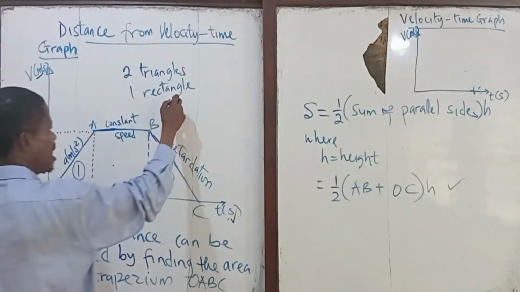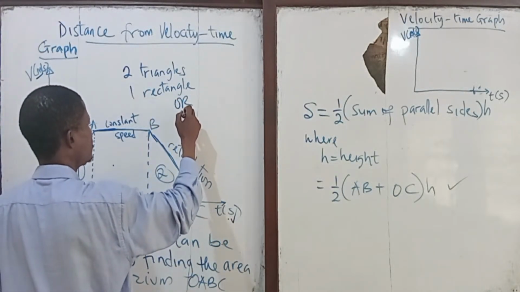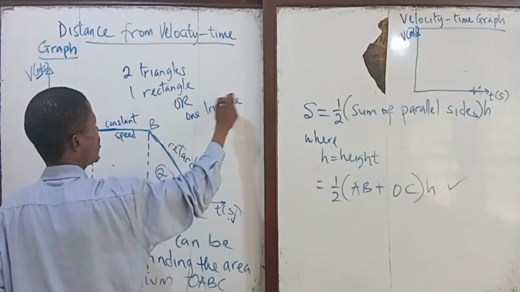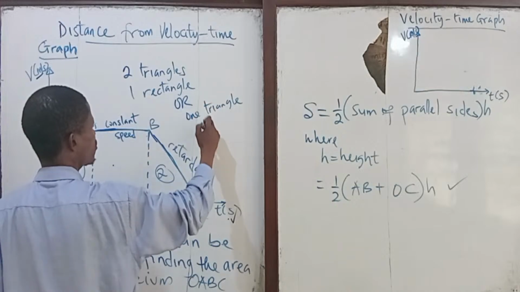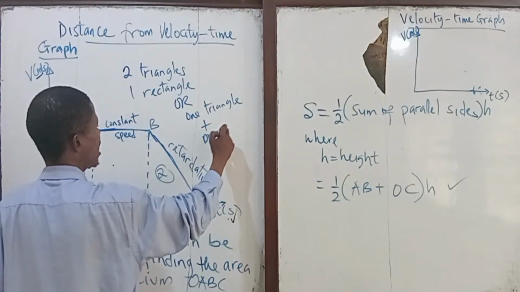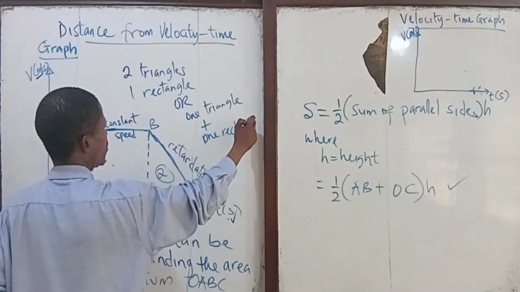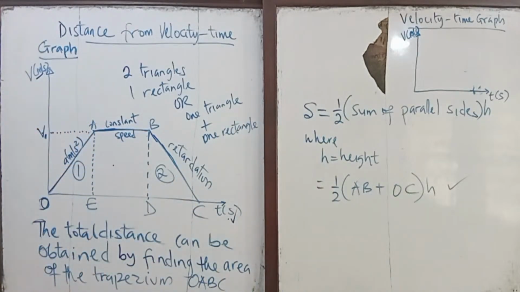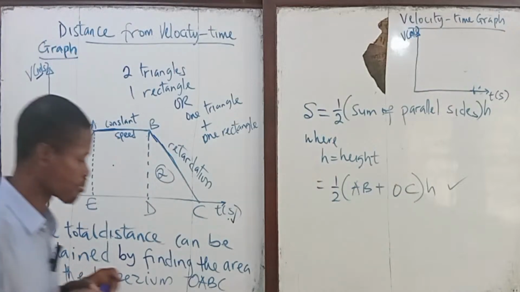Or you could have one triangle plus one rectangle. That's the shape for the trapezium.